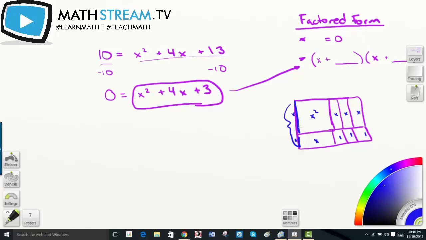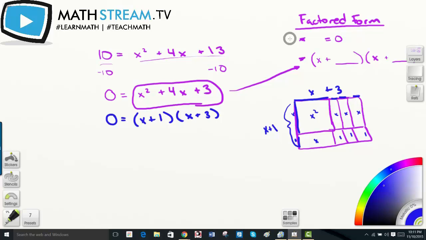This is the length of x plus 1. And this is the length of x plus 1, 2, 3. Again, we're measuring length. So x squared plus 4x plus 3 could also be explained as width times length, or x plus 1 times x plus 3.